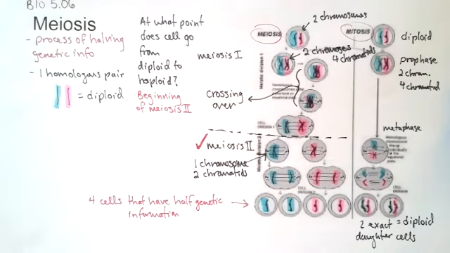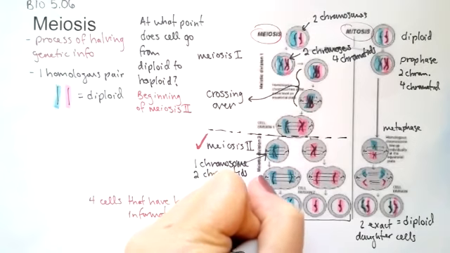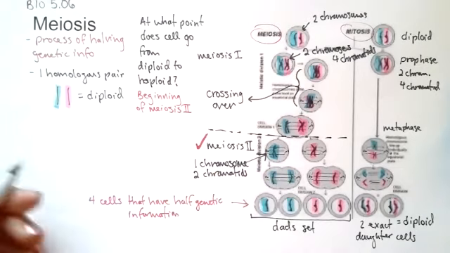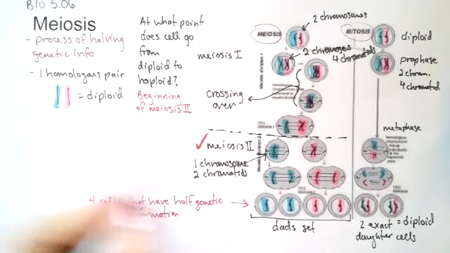So this would be the mom set, and this would actually be the dad set. And you've got a set over here that belongs to mom. And you're going to combine these randomly.